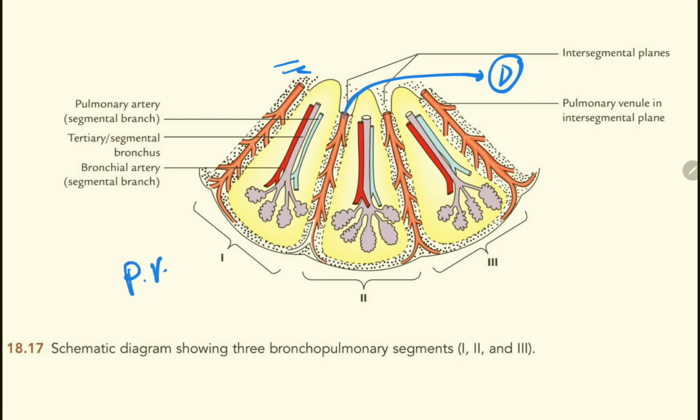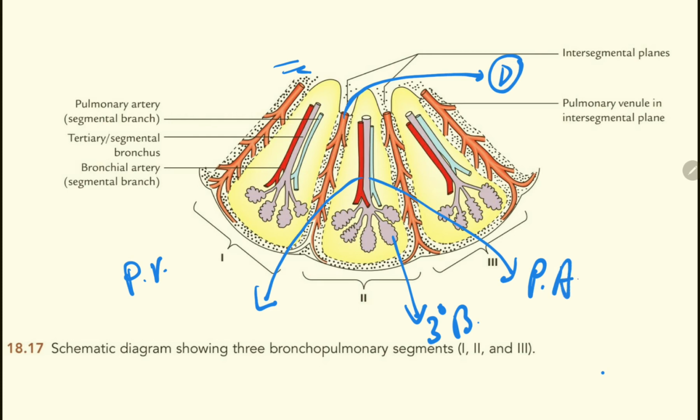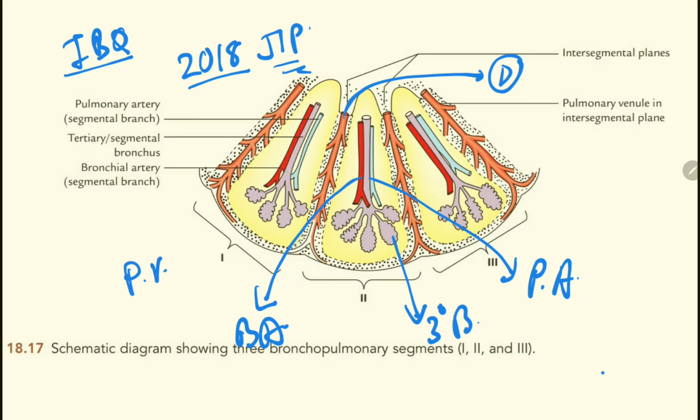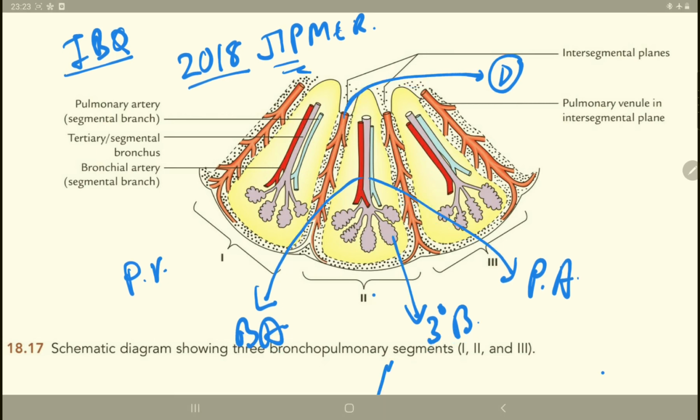Previously I also told you this is your tertiary bronchiole. This is one artery, this is another artery, this is the pulmonary artery, and this is the bronchial artery. This is an image based question from 2018 JIPMER. So that is the detail I wanted to add here.